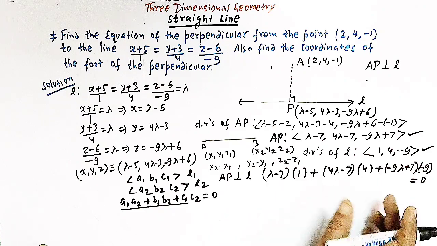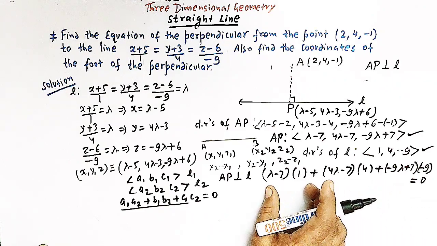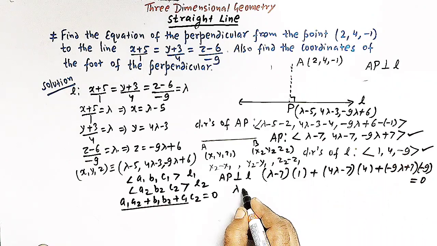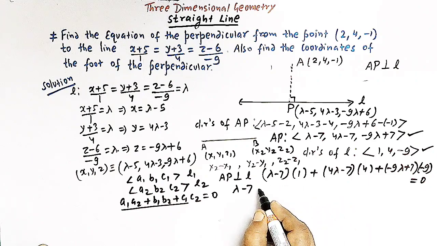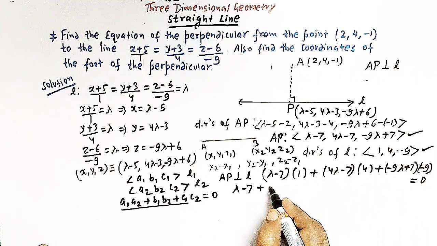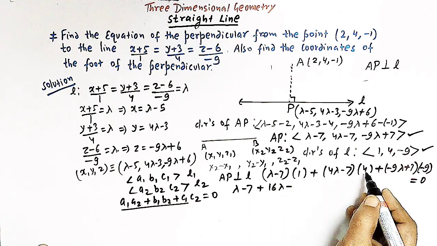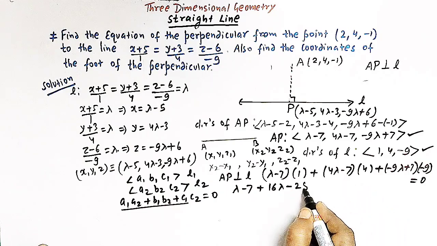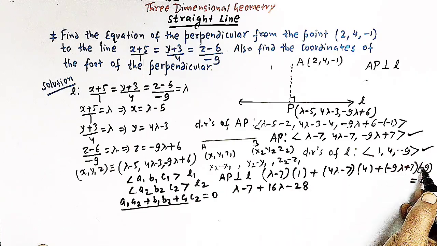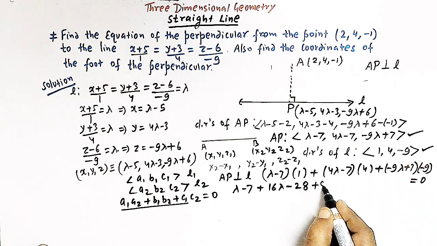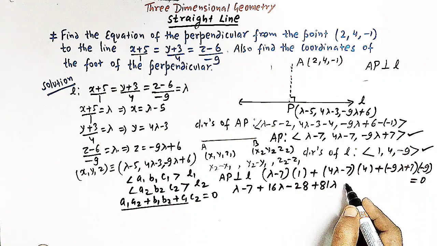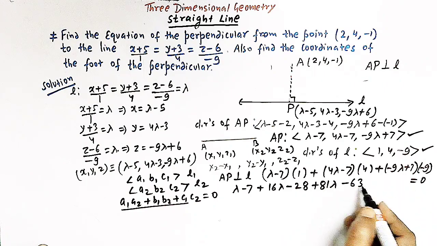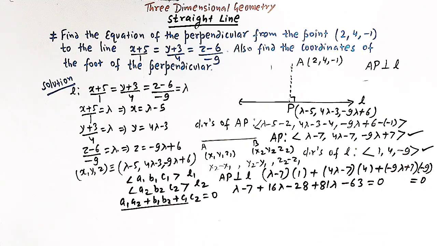So let us solve this equation in lambda. So we have lambda minus 7, then we have 4 times 4 is 16 lambda minus 4 times 7 is 28, and here we have minus minus plus, 9 times 9 is 81, so we have 81 lambda minus 63 is equal to 0.